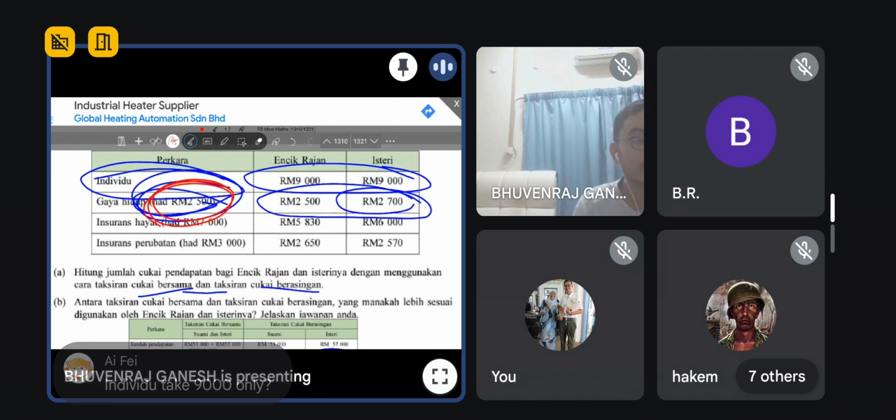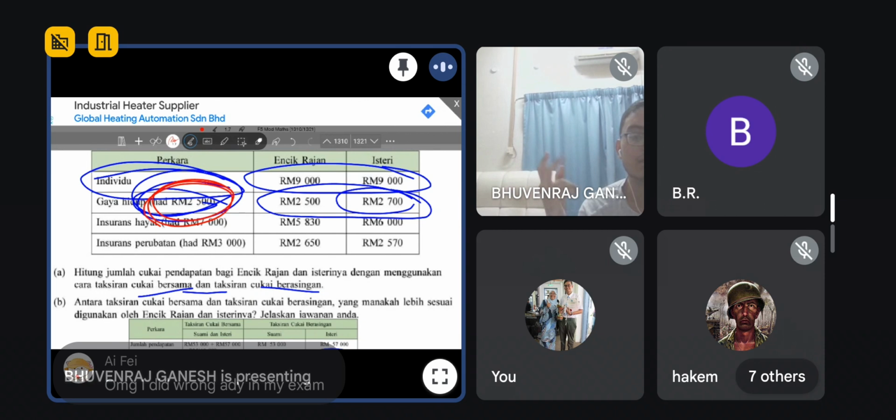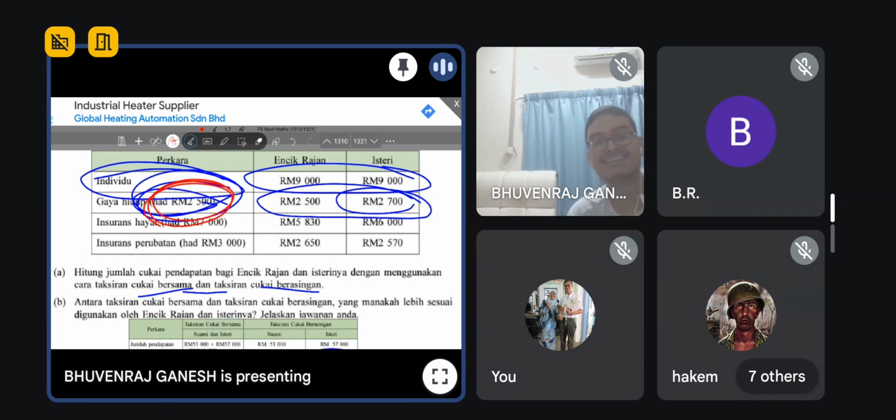Yes, individual take 9,000 only, correct. Individual memang you take 9,000 only, because we calculate for each person separately. Only for the joint one is confusing a bit. So for the gaya hidup, if you're talking about joint one, 5,200. So lebih already. Now only you realize, it's okay.